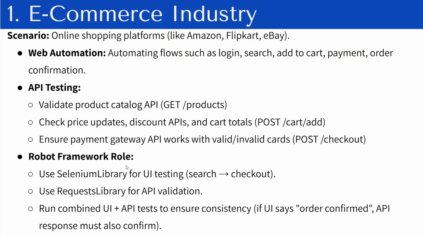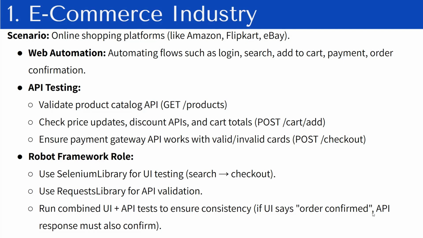Now, Robot Framework's role: it uses the Selenium library for UI testing and the Requests library for API validation. So a different library for each case, and we can run both combined, the UI testing as well as the API testing. If you are doing login and search in UI testing, we can combine both.